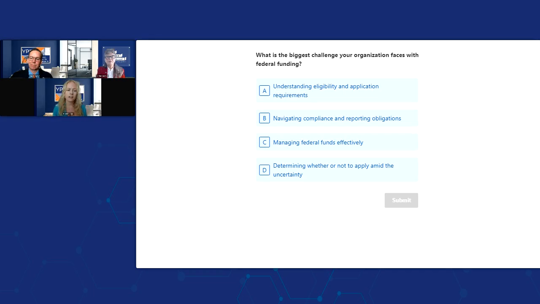So Derek and Hattie, are there any surprising things that you've noticed in your work with clients and what they're facing with federal funding? Well, I was just going to say it's not surprising, but the bravery that we're seeing out there from groups that are facing so much uncertainty, and we have seen some groups that have had to fold as a result of what's changing right now, and our hearts go out to them because it's very, very troubling.